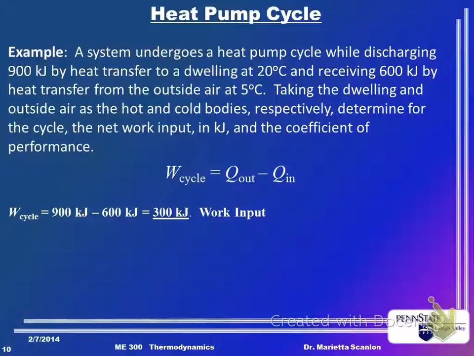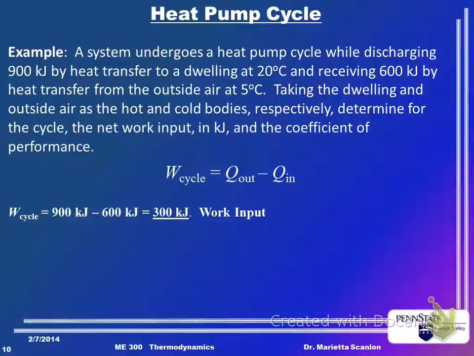So if we do ever come across an absolute value, it's all in the semantics, which is a lot of thermodynamics is in how you word it. So if it's the work input, that would be positive, right? Because it's already asking you for what's going in, so you're defining in as positive.